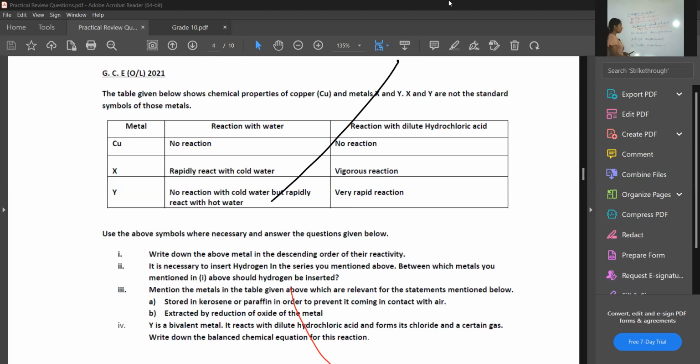I told you, we can only put whole numbers in front of the compound or the element, right? So we have to write 2 here. Now, 2 magnesium, 2 oxygen. 2 oxygen in this side also. Then we have to write 2 here, Bude. Right? So, burning of magnesium in air.